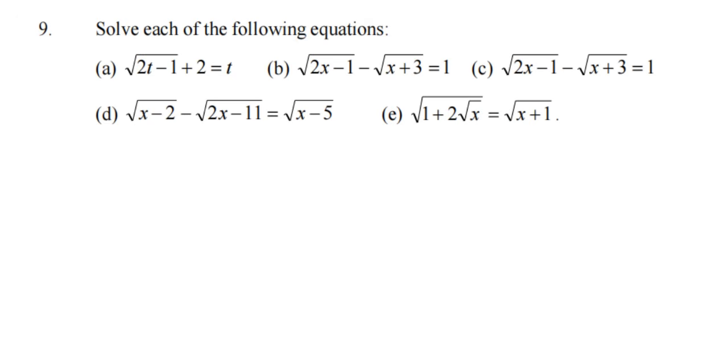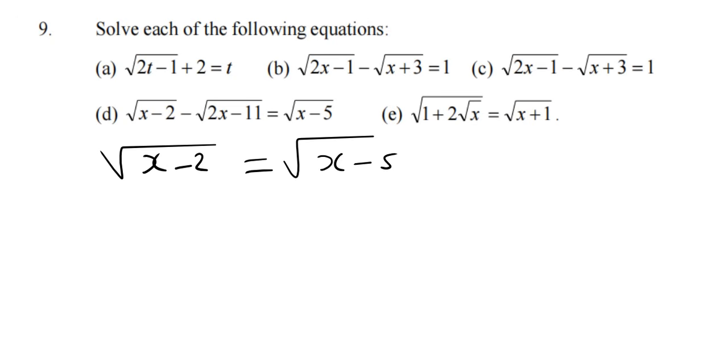Alright, so for D, not very complicated. Like I've told you, I prefer the other one goes on the other side, so I just remain with 1. x minus 2 this side is equal to, this side I'm going to have x minus 5.